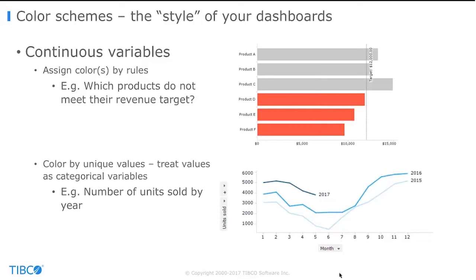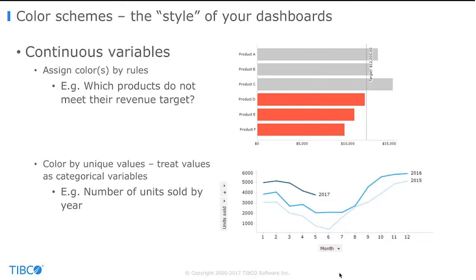And then at the bottom, we give an example where continuous variables can also be treated as categorical variables, and we color the values by unique values. What we have here is the number of units sold of a product every month over 3 years, actually 2.5 years, and we color the lines by the year of the data.